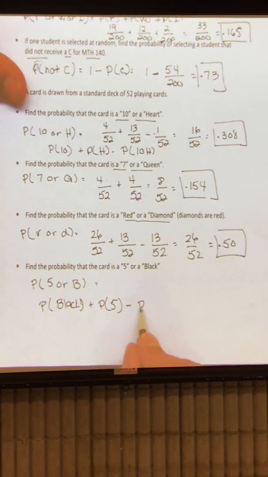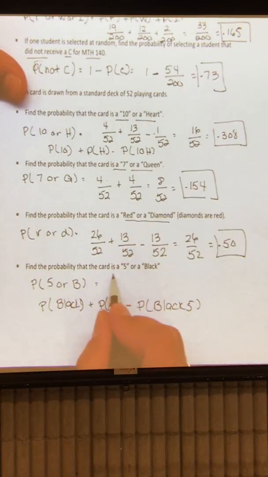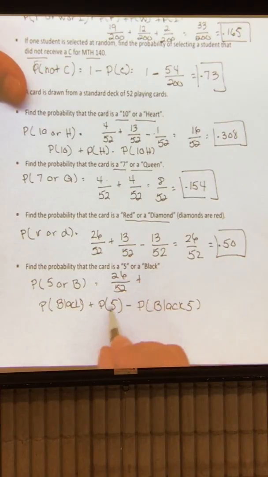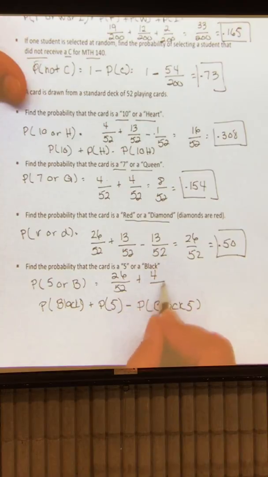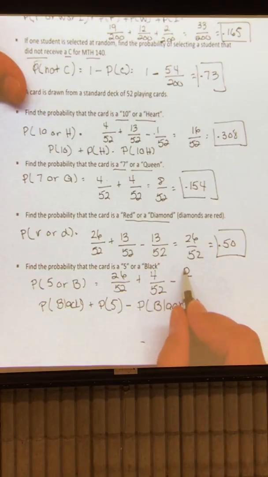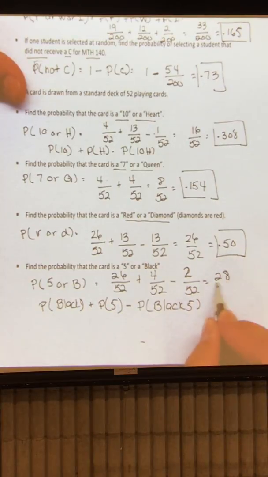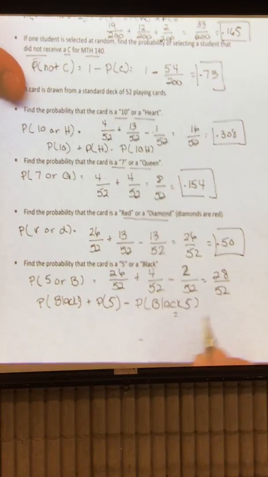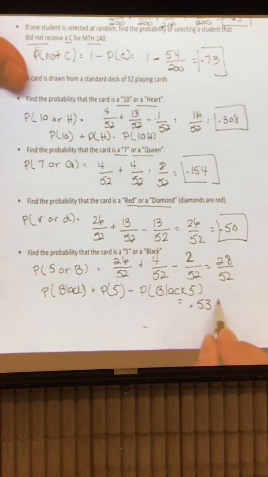For the probability of black, you have 26 black cards, 26 over 52, plus 4 fives, 4 over 52, minus 2 black fives. You've got a club and a spade, which are 2 blacks, over 52. So that is equal to 28 over 52, which is equal to 0.538.